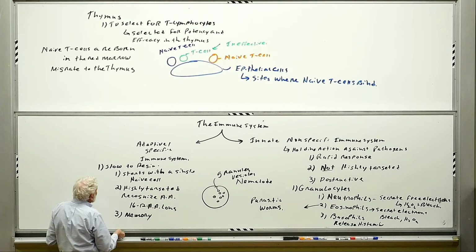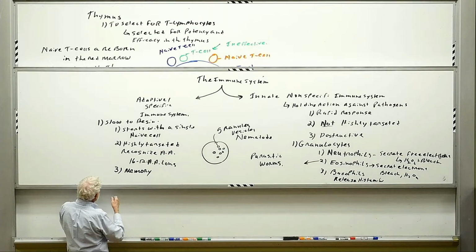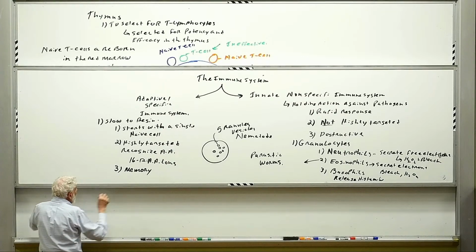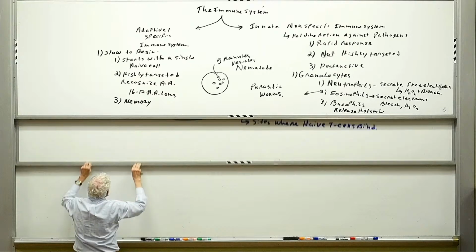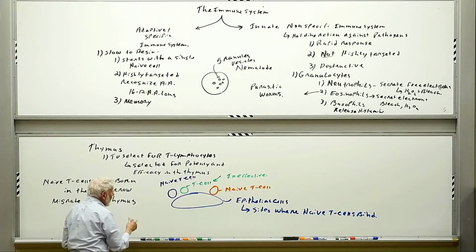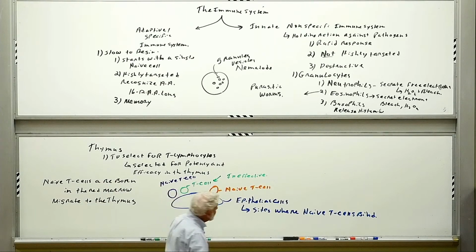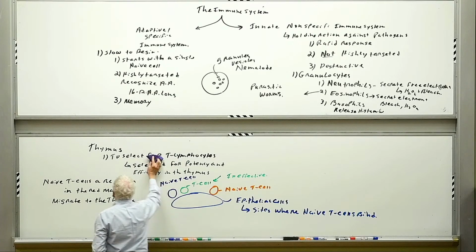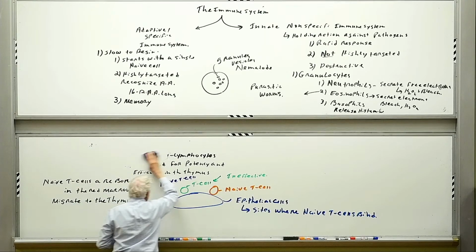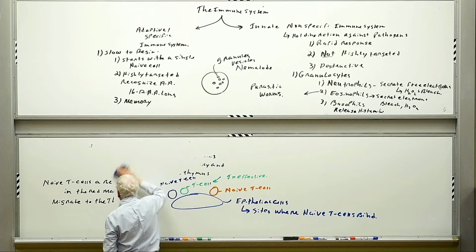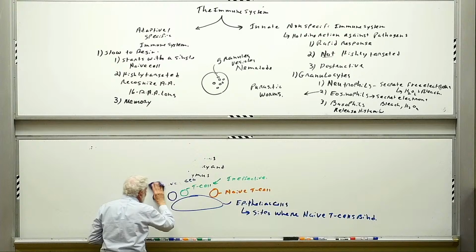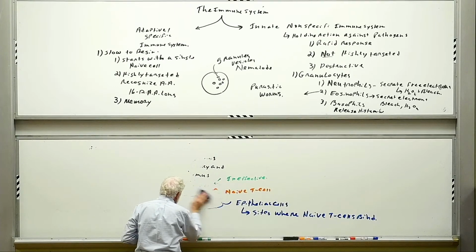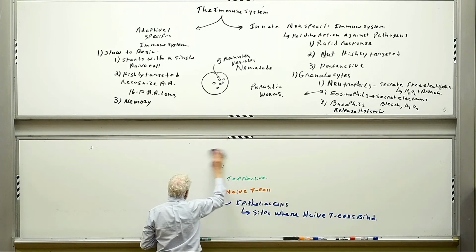And the other point I want to make about this adaptive immune response is the cell types. When we talk about the adaptive immune response, it's broken into two great categories. So we've already broken immunity into adaptive and innate.